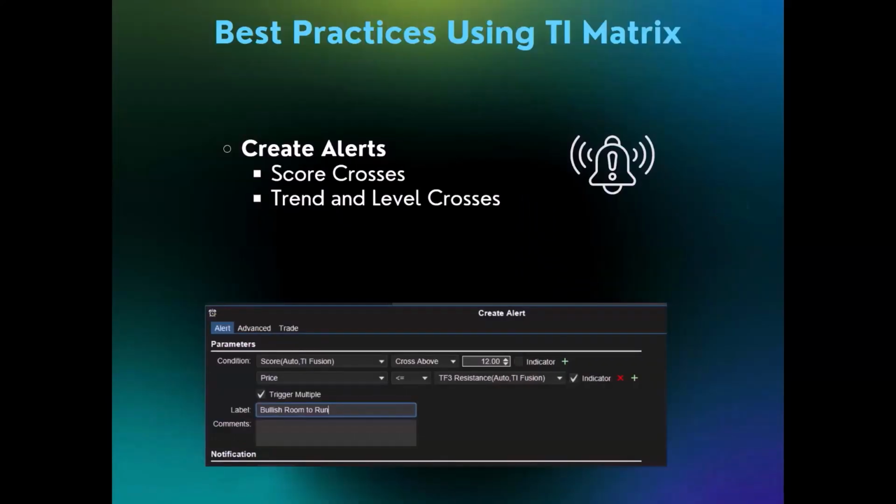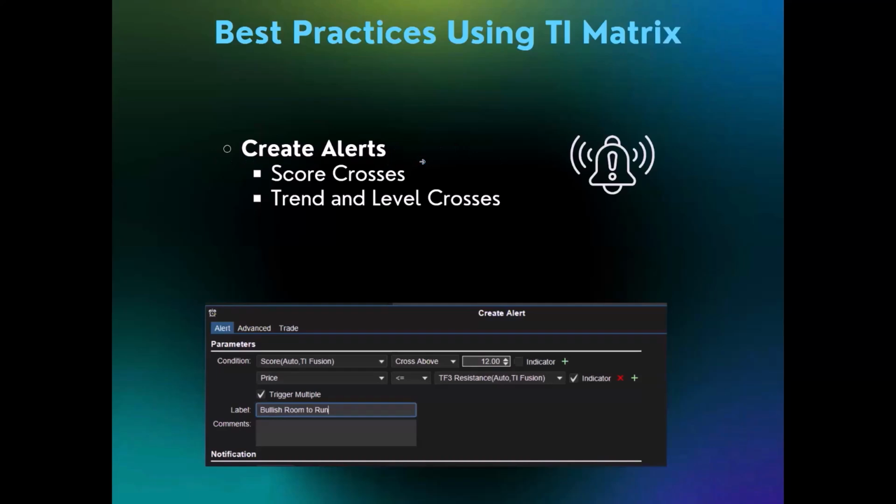We're going to go into some best practices using TI Matrix. These are basically just helpful tips. We already released on TradingView a new version of TI Matrix, which has a lot of different values exposed, which you can use to create alerts using the scanner version of TI Matrix, and which you can scan for. So one of the things you can do with TI Matrix is create alerts.